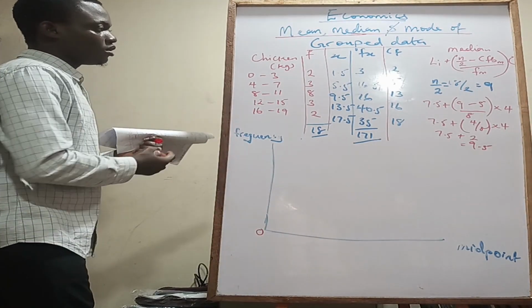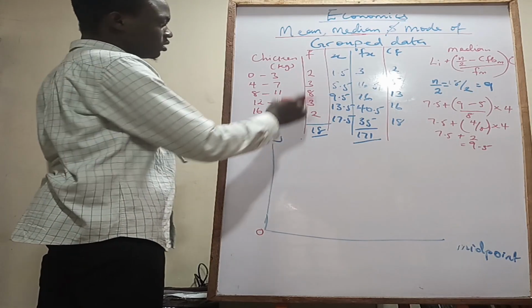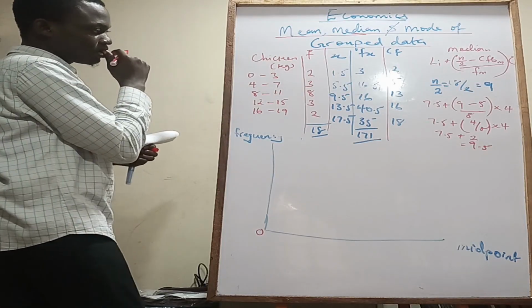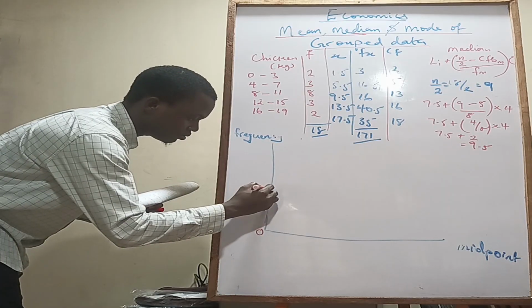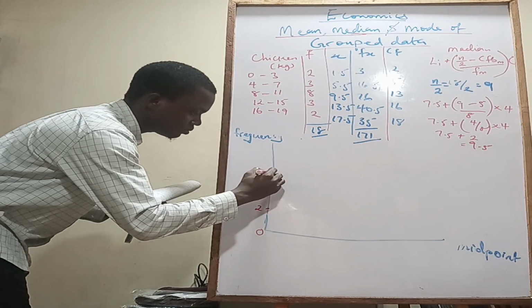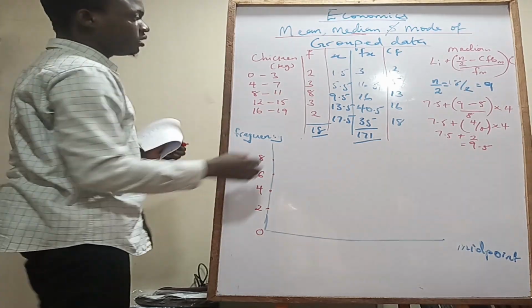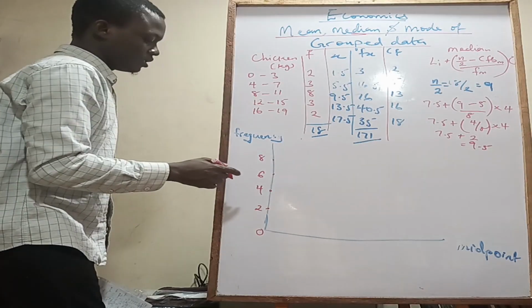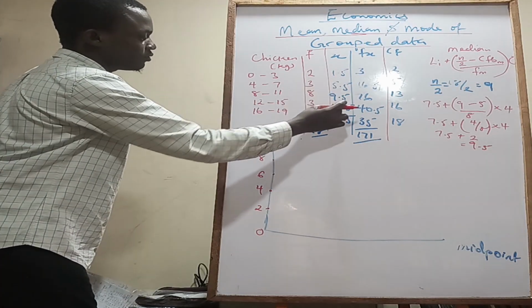The frequency is going from 2 to 8, so you can just do 2, 4, 6, and then 8. Here, 1.5, 5.5, etc. going up to 17.5.